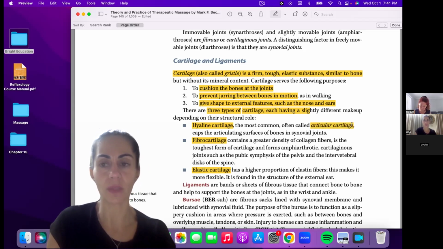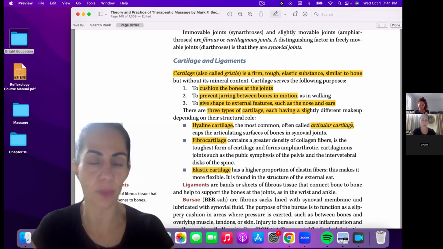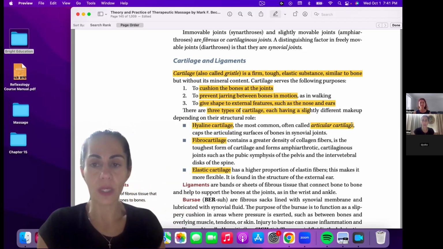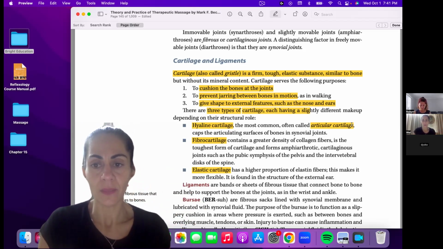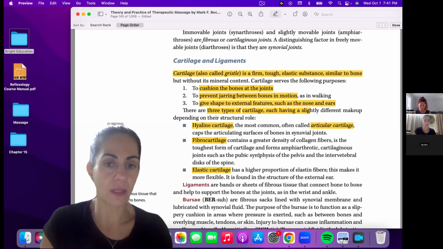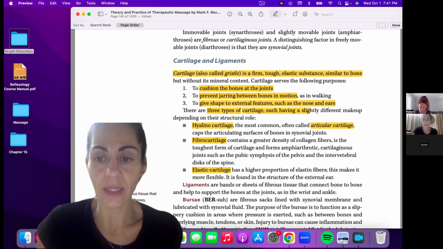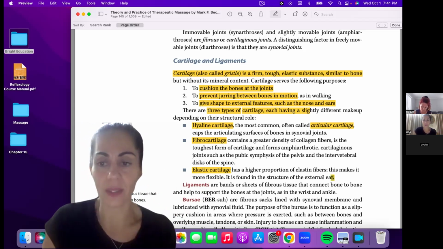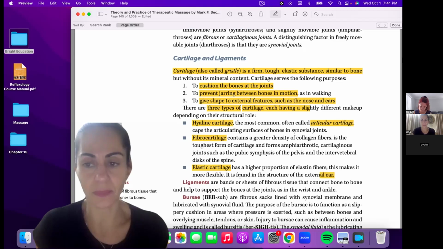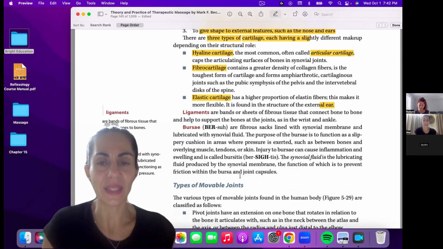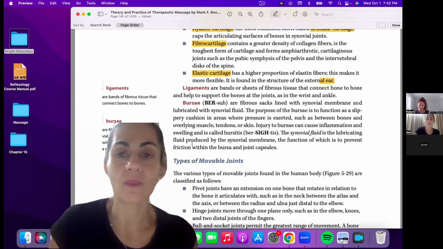Articular cartilage, meaning joint cartilage, caps the articular surface of the bone of the synovial joints, just like I talked about with the bottle. The fibrocartilage is much denser, and you can find that in the pubic symphysis and in the discs. And the elastic cartilage, which is the most flexible of all these, you can find in the ears. Good? I know it's a lot of words, but it's simpler in the book.